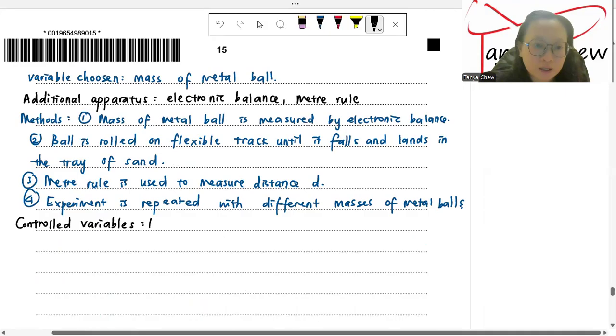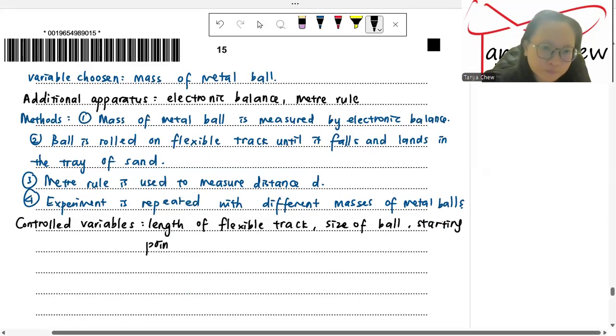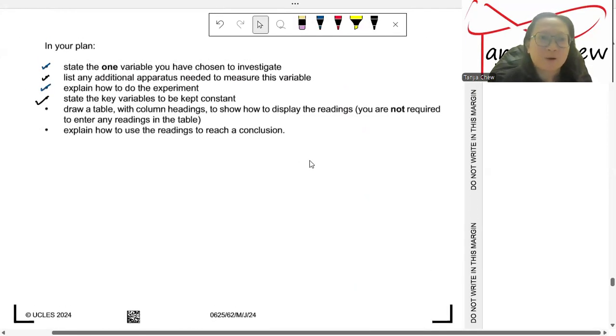I say maybe the length of the flexible track, maybe the size of the ball, and maybe the starting point of the metal ball on the flexible track. So I'm done with that.